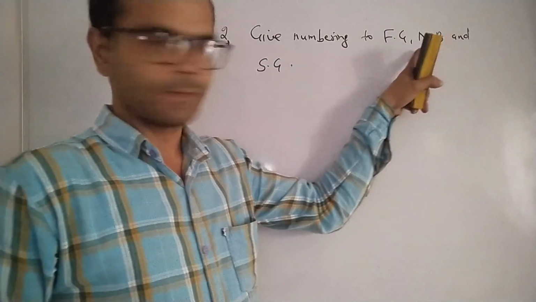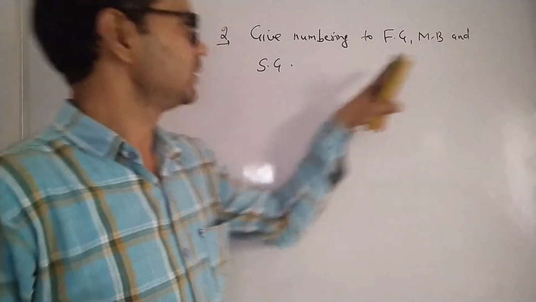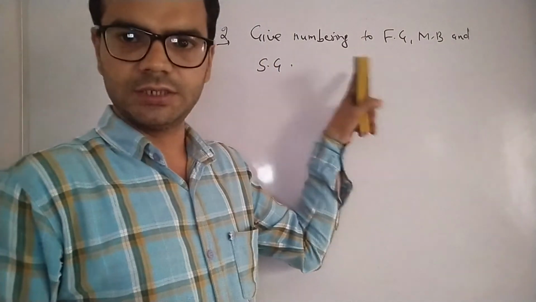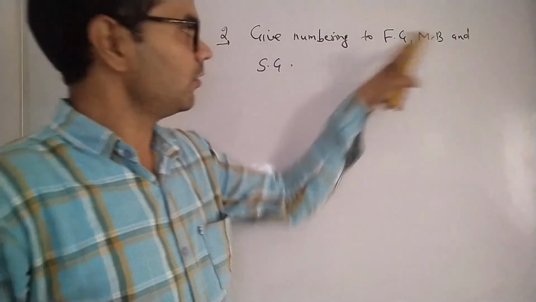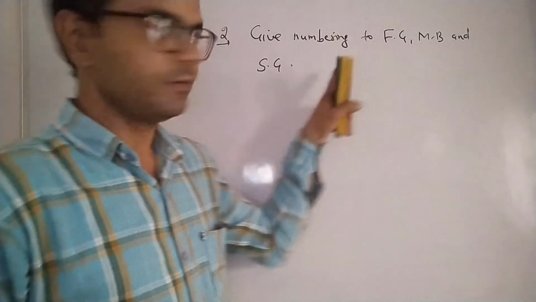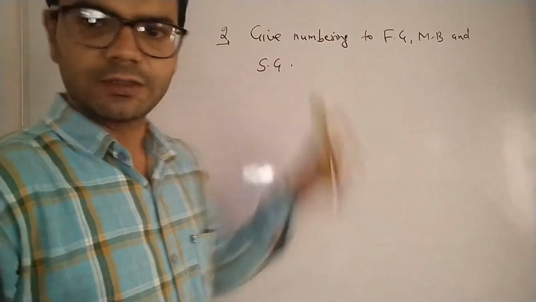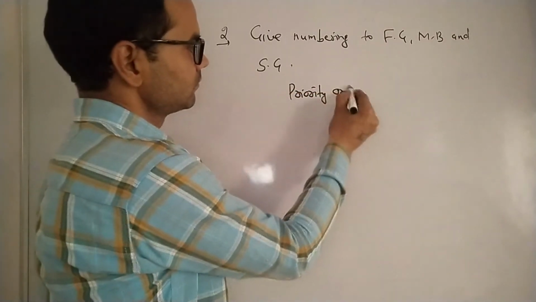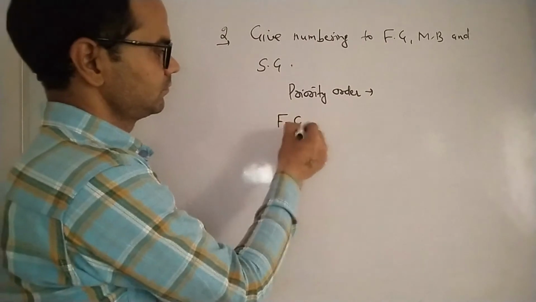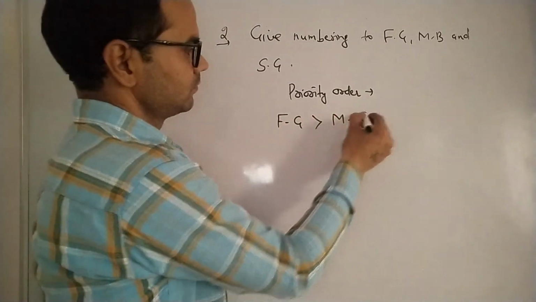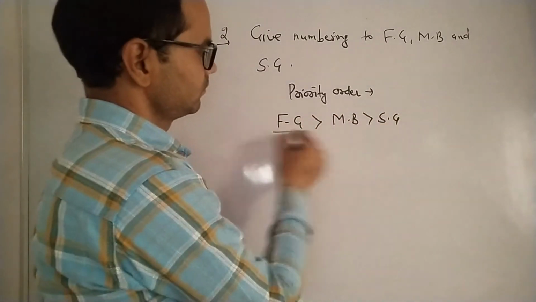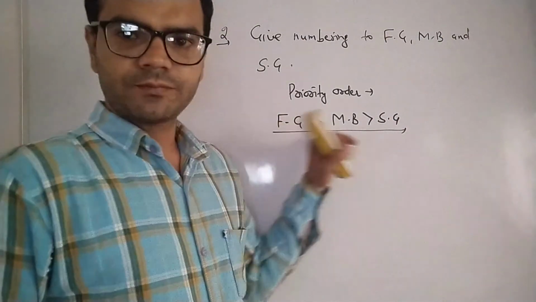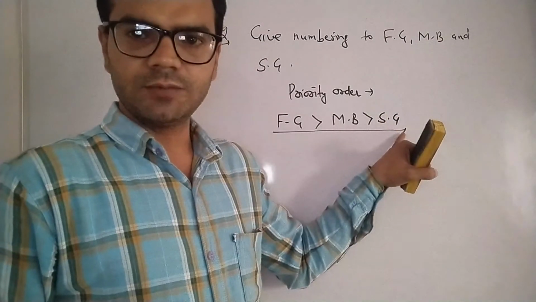Multiple bond means a double bond or a triple bond. And substituent group is that group which is not included in the chain. If all these three are present in a chain, then we will use a priority order. First priority is given to functional group, then multiple bond, then substituent group.